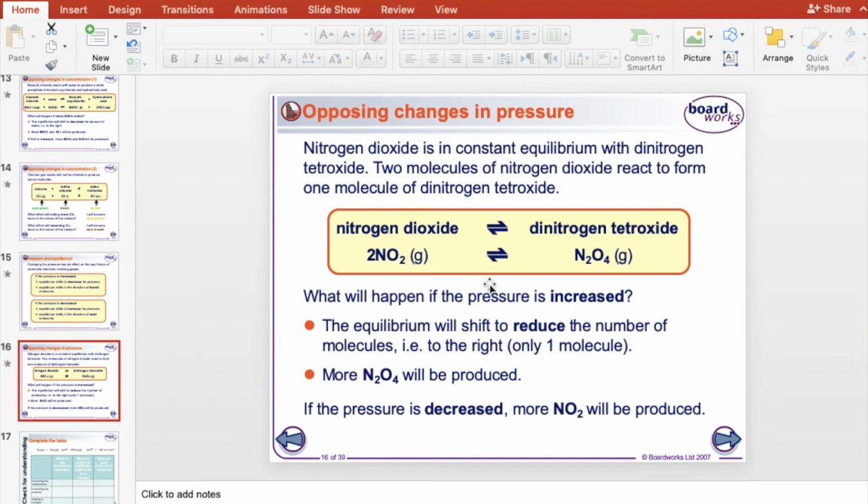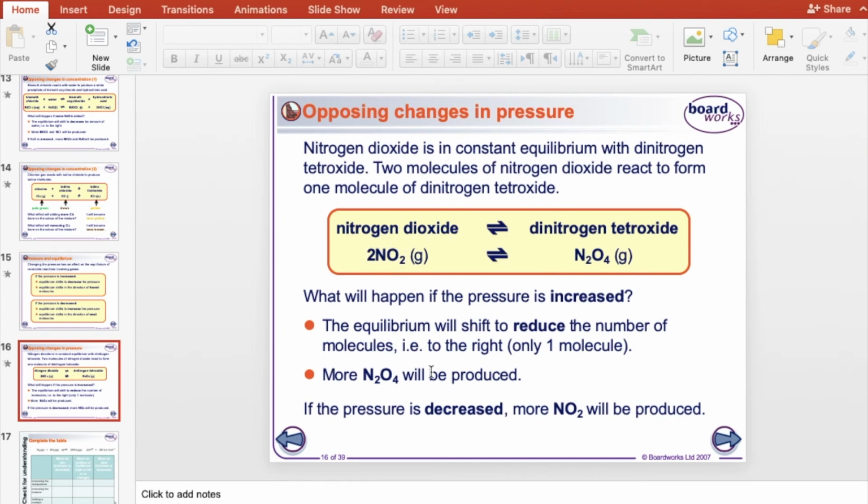So if you decrease the pressure, you will have an equilibrium that's stressed and out of balance, and therefore it will move to the side with more molecules. It's going to move here to the left in this case. So increase the pressure, moving to the fewer molecules. Decrease the pressure, it's going to move to the side with more molecules.